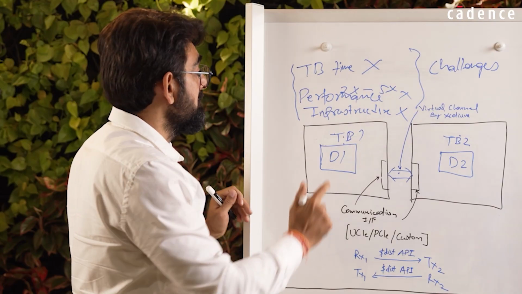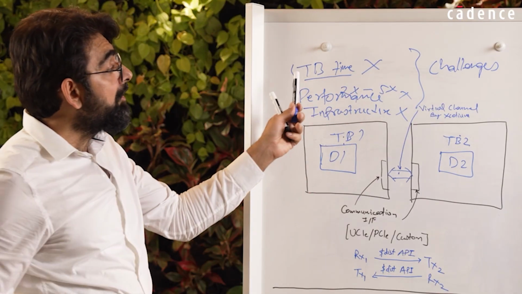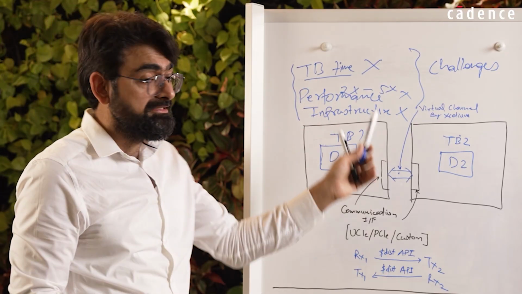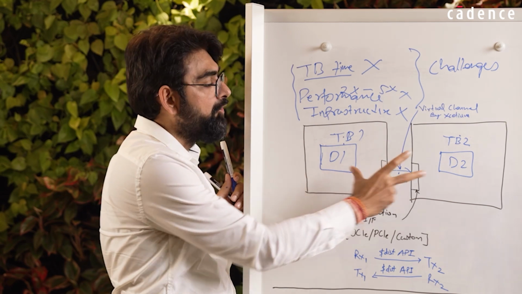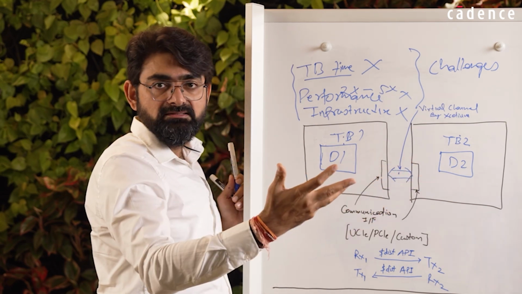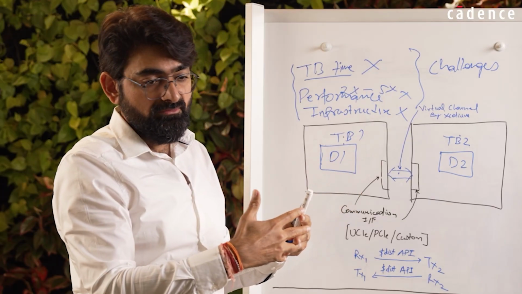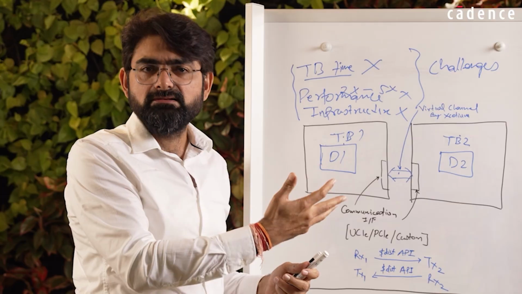But the major part is that when you say TB time, you are not only reducing the effort and time taken to integrate the test bench, but imagine that you have a homogeneous multi-die design, and the integrated design with interposer and other things comes into the cycle quite late.